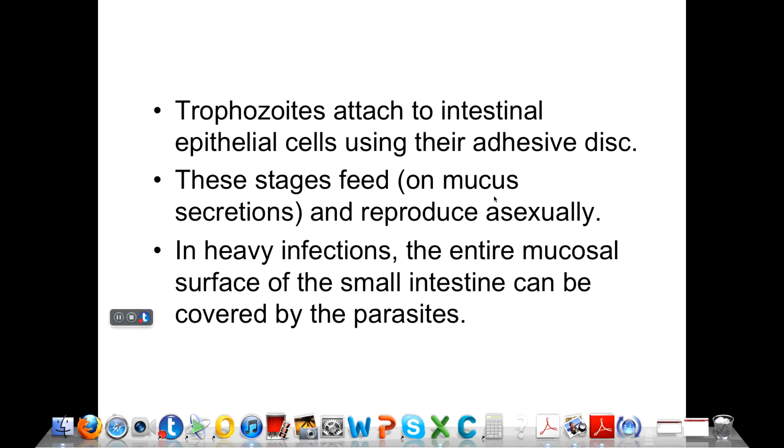They do not disrupt the mucosal membrane, and therefore the pathology that you see is predominantly due to the physical presence of these organisms, and the inhibition of absorptive properties that occurs because of their presence. In heavy infections with this organism, the entire mucosal surface of the small intestine can be covered by the parasites.